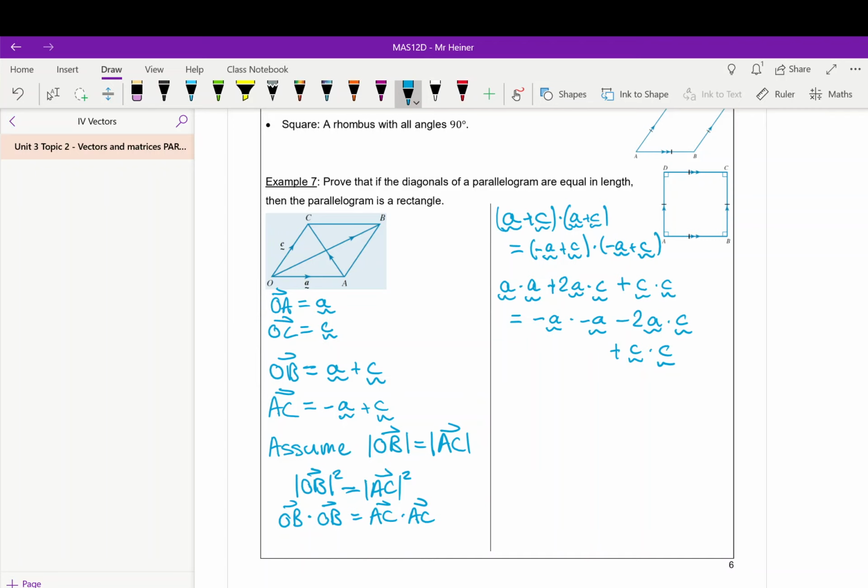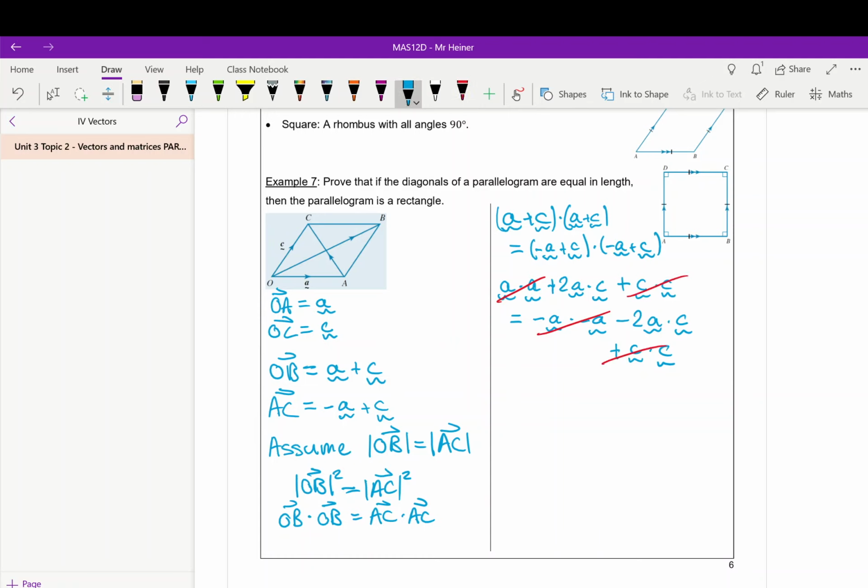So if I were to cancel the c dot c as well as the a dot a, because regardless of the direction of the vector, if you take the dot product with itself, it's going to be the magnitude squared. So the direction doesn't matter. So negative a dot negative a is the same as a dot a. So these two cancel, and c dot c and c dot c cancel.